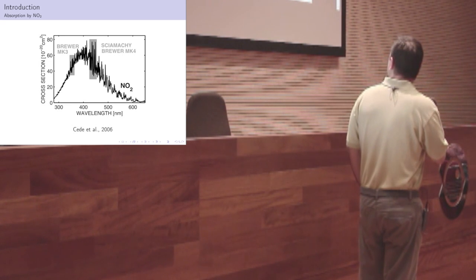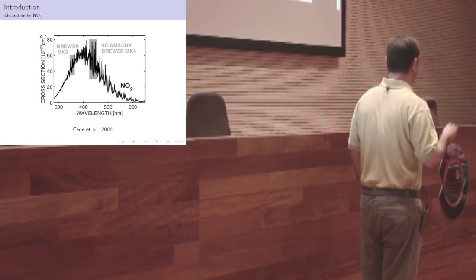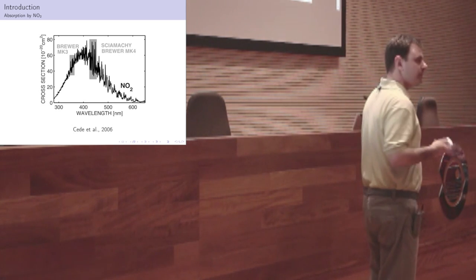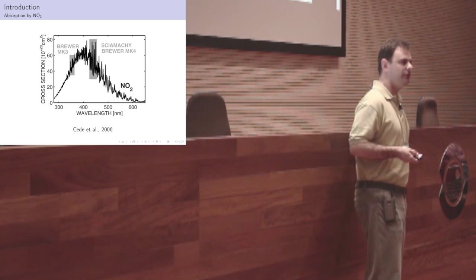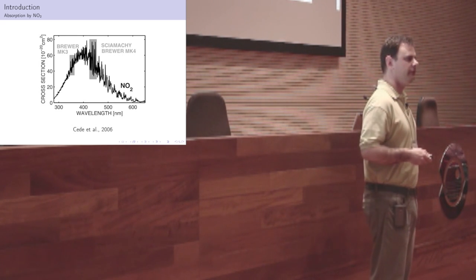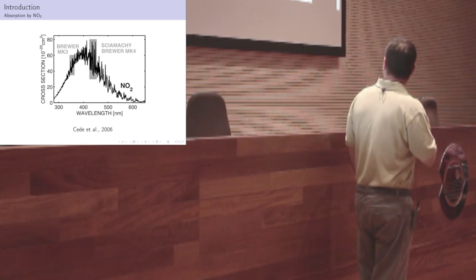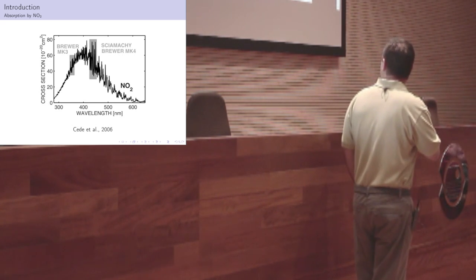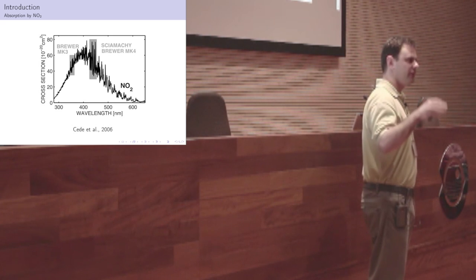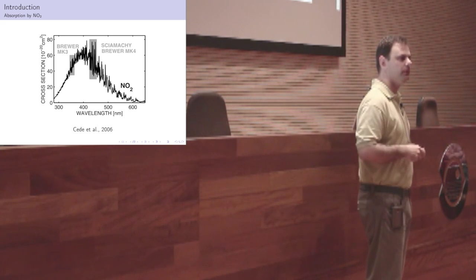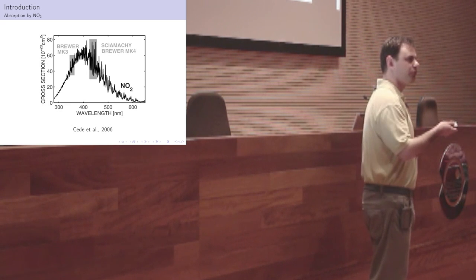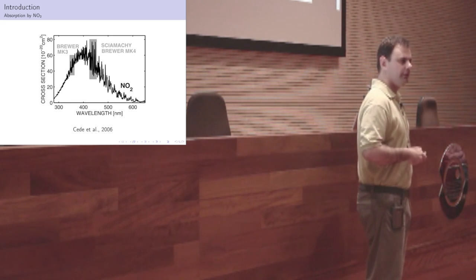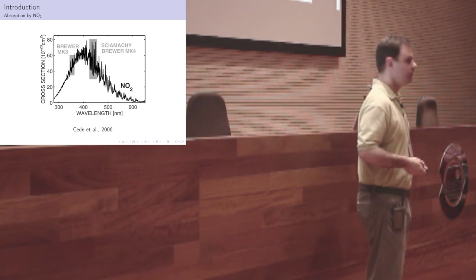But in 2006, Alexander, who's here, developed a new method to retrieve nitrogen dioxide with Mark III Brewers in the UVA range. This is probably not the best wavelength range because, you see, the absorption is less structured than in the visible. But it demonstrated that nitrogen dioxide retrievals are good as well.